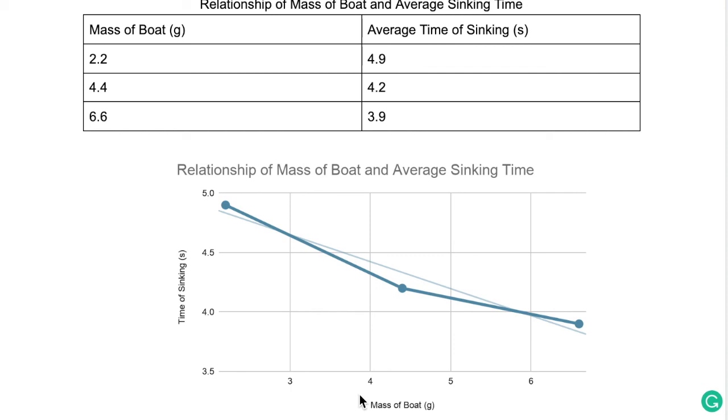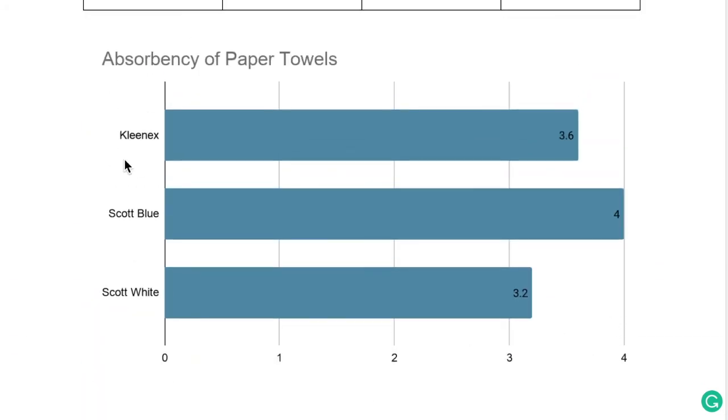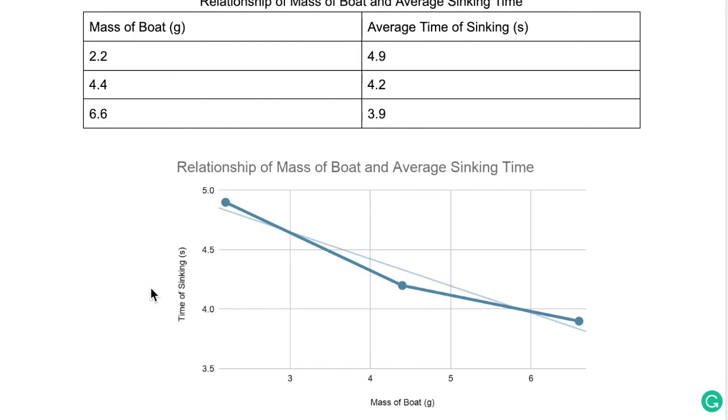So today overall we've seen 2 different types of graphs, which are the bar graph over here, which we use when we have different variables or different types of things that we want to compare against. However, when we want to compare different amounts of one thing to another, such as different mass of boats to time of sinking, we call this trying to look at a direct relationship.